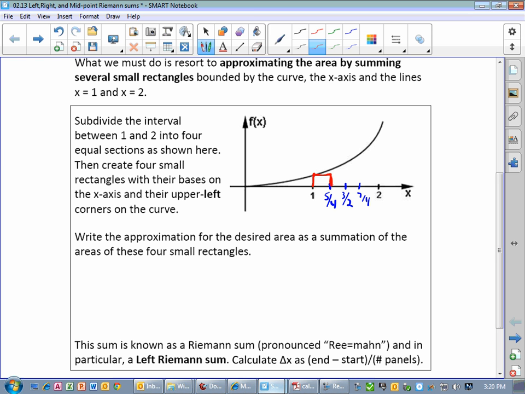I can do the same thing at 5/4. So I go straight up, there's a point on the curve, come straight across, and there's another rectangle whose upper left corner is on the curve. 3/2, go straight up, and then across. There's another rectangle, and then 7/4, go straight up, over, and there's another rectangle.